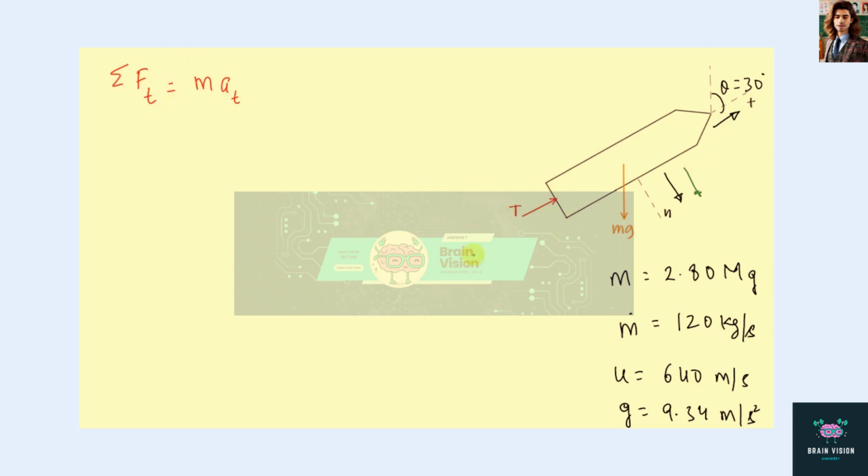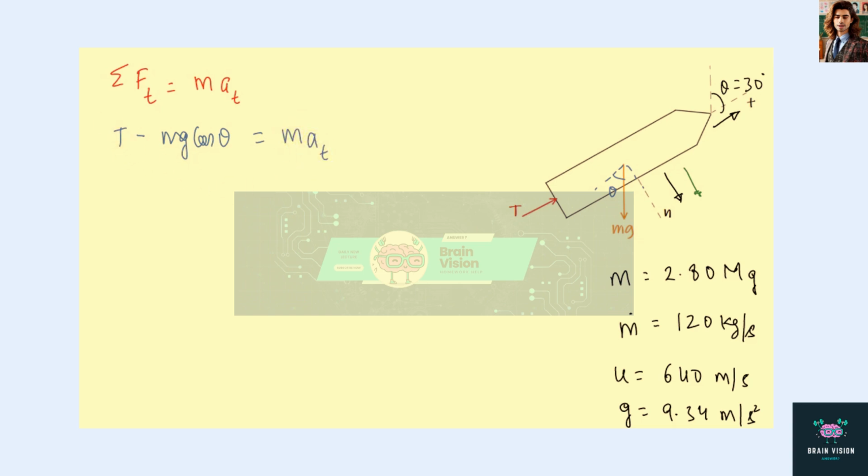One force is the thrust force T, so T minus mg cosine theta, since this angle is also theta, equals m times at.